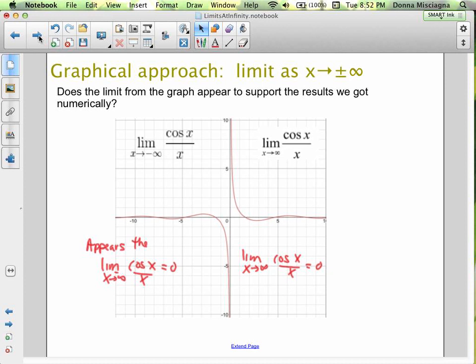And that graph seems to be getting closer and closer to the x-axis. Likewise, if we look at the limit of cosine x over x as x approaches infinity, again, it crosses the x-axis, but notice it's getting closer and closer to the x-axis. So the limit graphically appears to support the limit we got using a table of values.